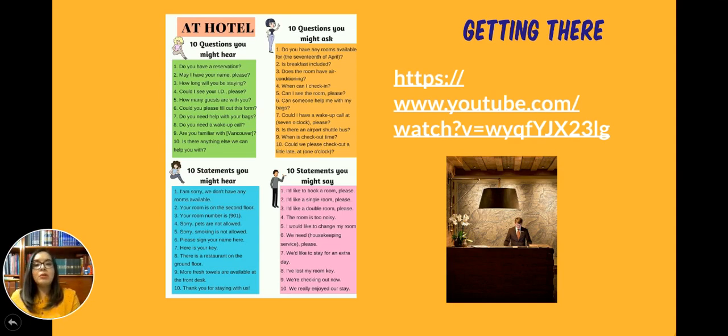So in the double room case, if you travel with your family, there are two beds, so you can stay there. Another one, we need housekeeping service, please. The housekeeping service is a service that the hotel has for you.